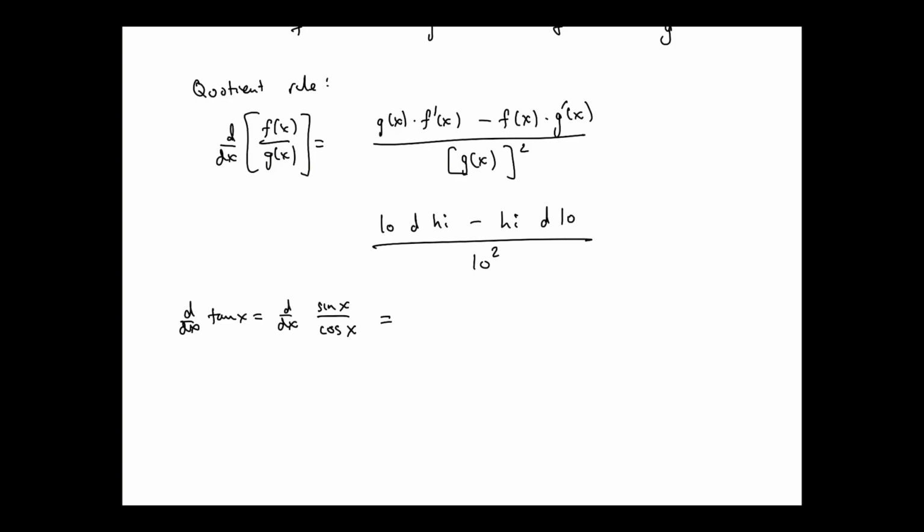The low thing is cosine x. What's the derivative of the top thing? Also cosine x. I will simplify this one later. Minus the top thing, sine, times the derivative of the bottom thing, which is negative sine, all over the bottom thing squared.